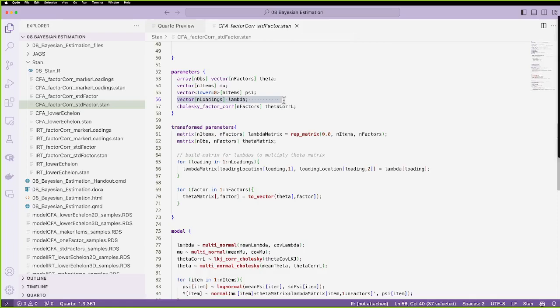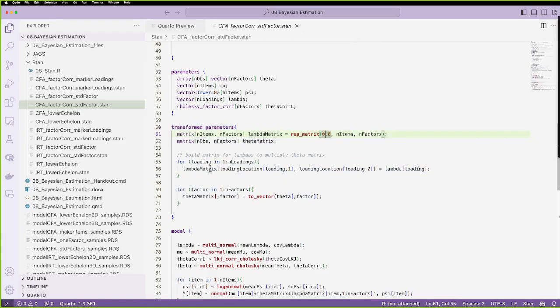Right? So this is what I'm going to tell Stan has a prior distribution in the model statement. But in between there, the transformed parameters block is what takes my estimated loadings from each step and spreads them into this loading matrix with a set of zeros in it as well. So basically, the lambda matrix right here, I initialize to have a bunch of zeros.